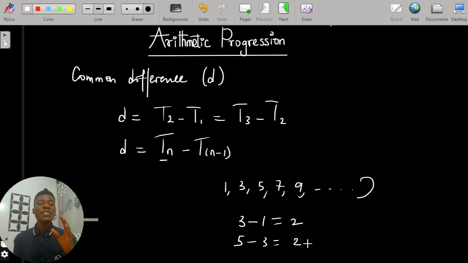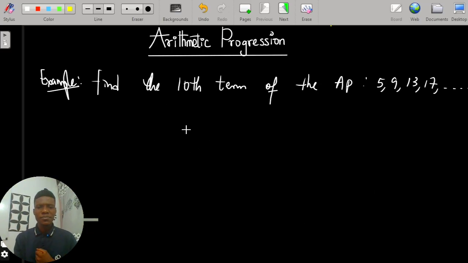So now, this is the way you generate the common difference. So let's look at this problem. It says find the 10th term of the AP, that is arithmetic progression, 5, 9, 13, and 17. So to get the next term, what do we do? This is the first term, which is A. So all you need to do is to determine the value of A and the value of D. Do not forget that A is the first term, which is given as 5.